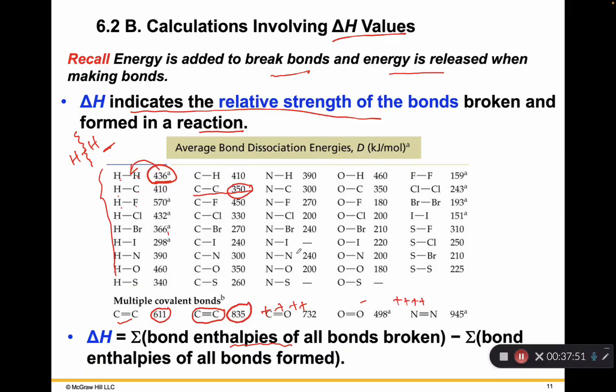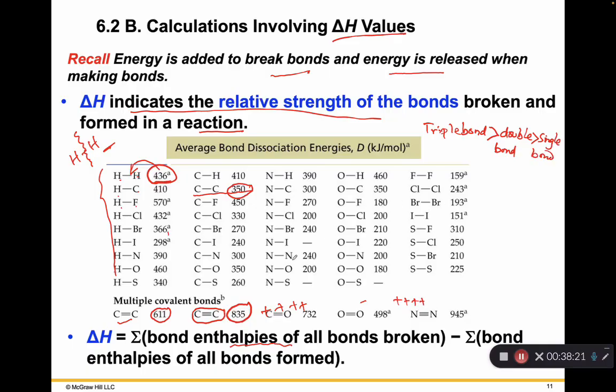So in general you can say the triple bond is stronger, that's why you need to supply more energy to break that, right? So let me write here, triple bond is stronger than double bond, and double bond is stronger than single bond.